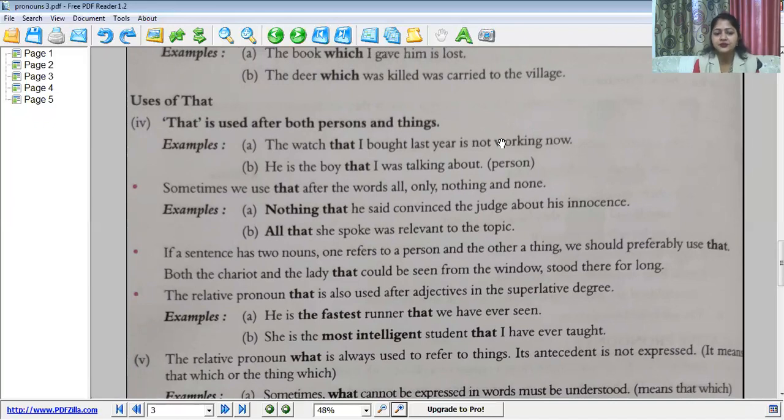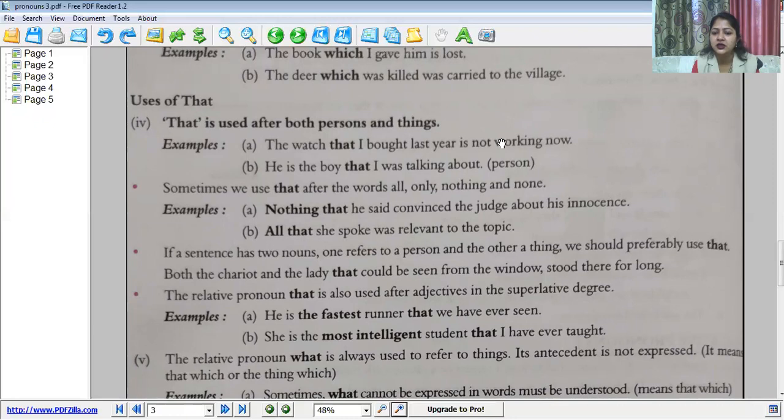Now let's see some more clarity on the topic of that. If a sentence has two nouns, one refers to a person and the other to a thing, we should preferably use that in this case. Both the chariot and the lady that could be seen from the window stood there for long.